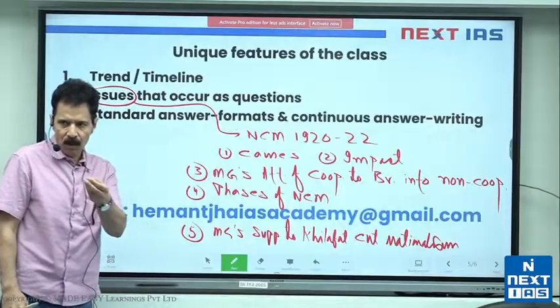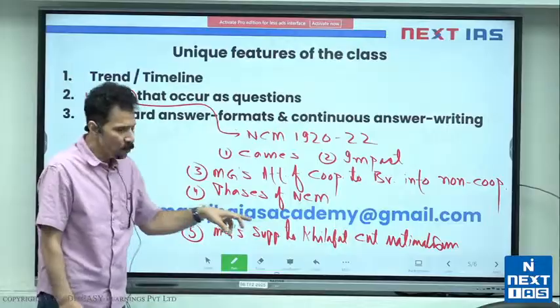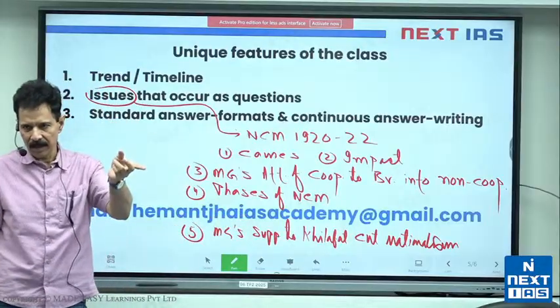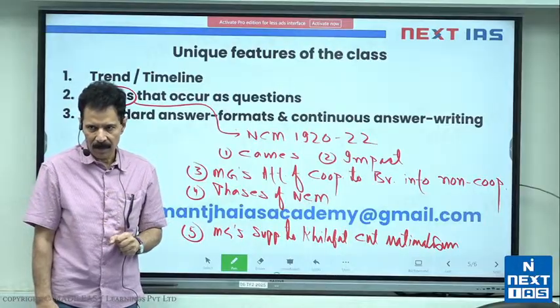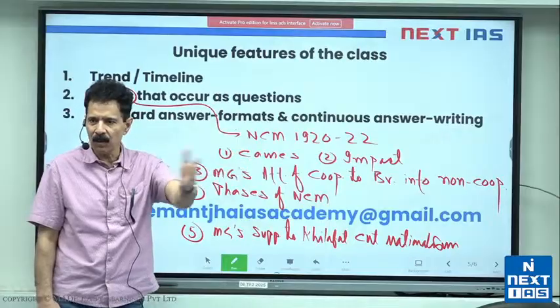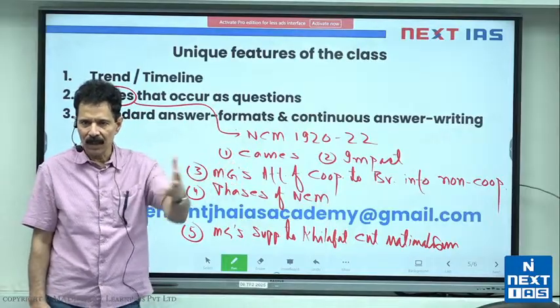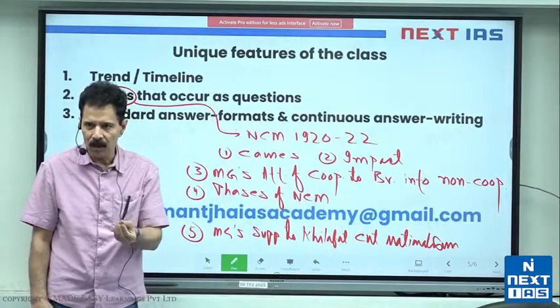Because one aim was Khilafat, and Khilafat was the issue related to the Middle East. NCM was a program under the national movement, but the issue was related to the Middle East. Don't you think this was an extraterritorial issue? We cut the roots of nationalism. Do you agree? This kind of question could be there.